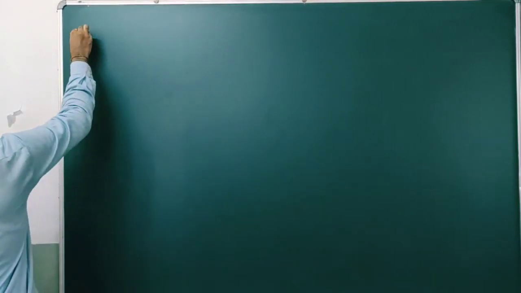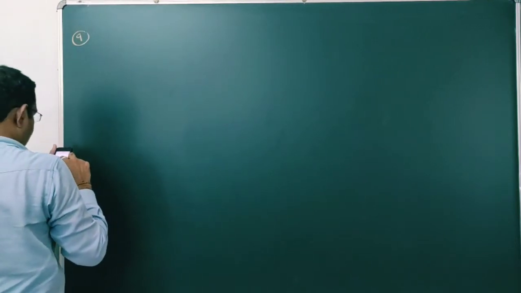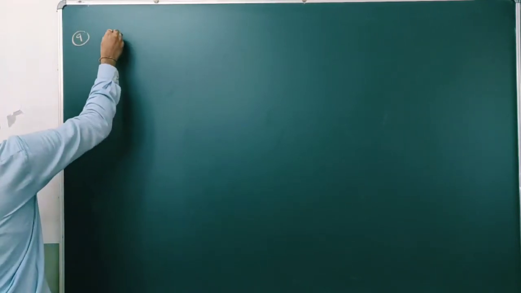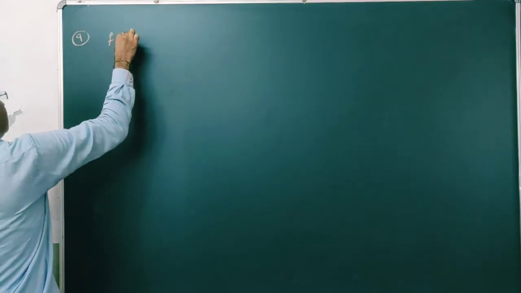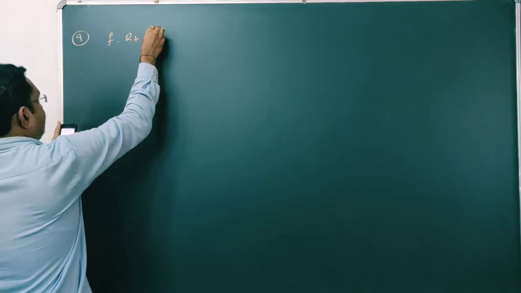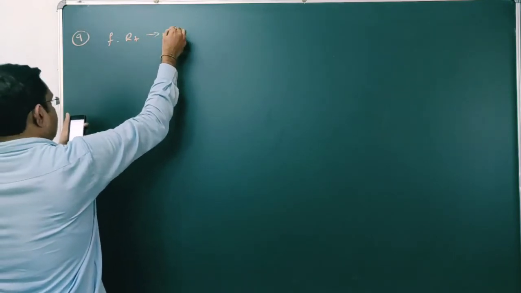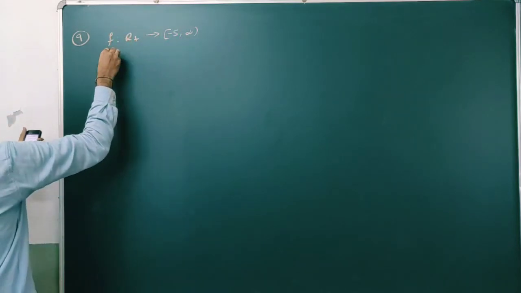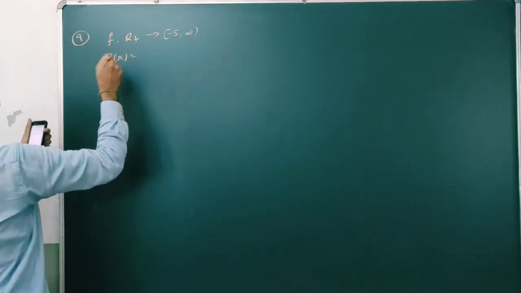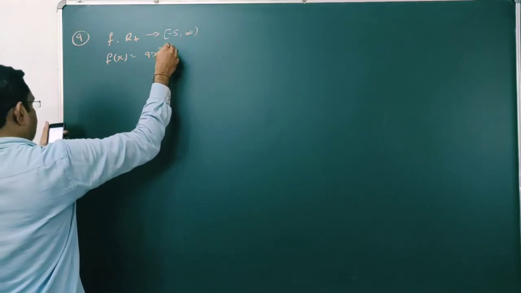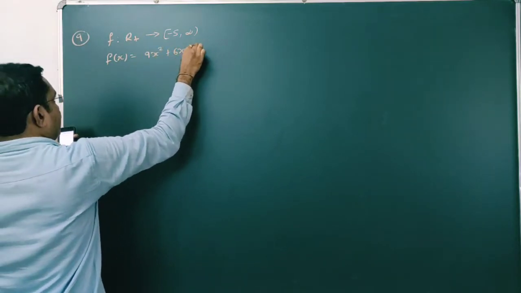Okay students, now question number 9. Here question number 9 says consider one function f from R plus, the set of all non-negative real numbers, to the closed interval minus 5 to infinity, given by f of x equal to 9x square plus 6x minus 5.